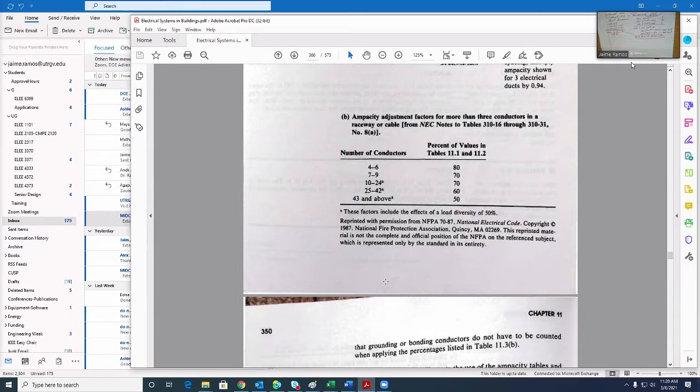Okay, so we have factors: field correction factor. Okay, let me put here correction. And then we have the temperature correction factor.